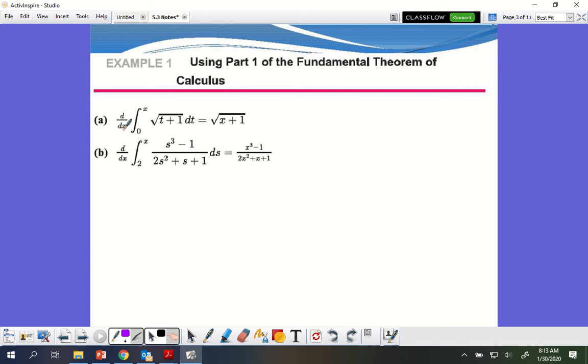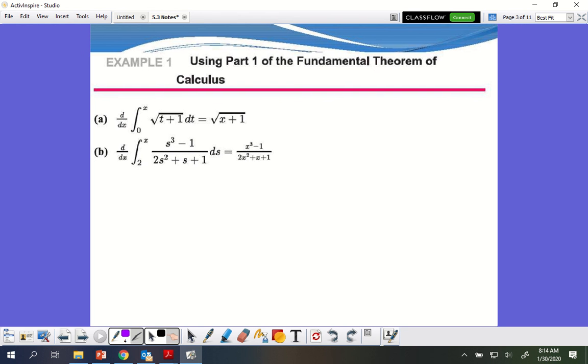But when I take the antiderivative, it is of x, which is my top bound right here. So I'm replacing t with x, and I'm left with the function there.